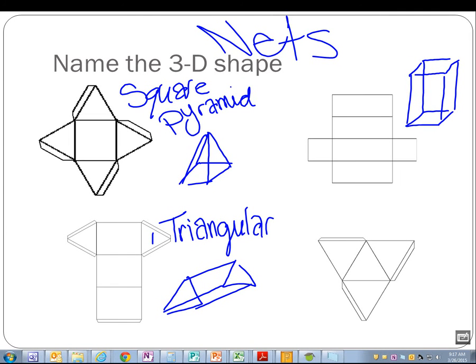Looks like a cube. What if I did this? What is the shape of the smallest guy here? It's a square.